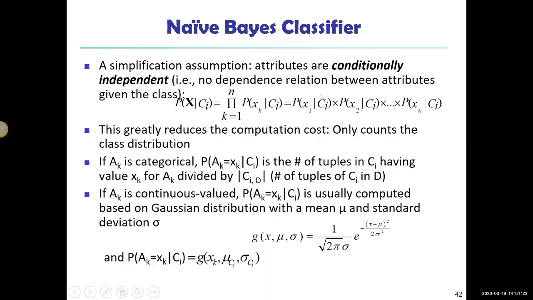Then within one class, we can compute their Gaussian probability. That gives us the probability, given this class, for A to take the value of X. So for this class, we can compute the class average and standard deviation. And using this formula, we can find the probability, which is one of the terms here. Questions?